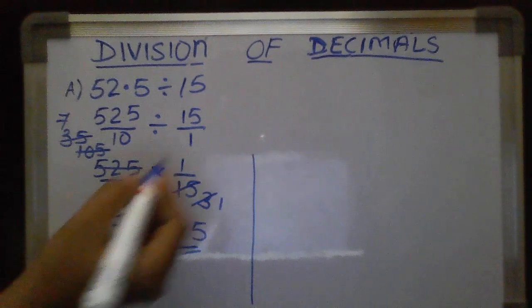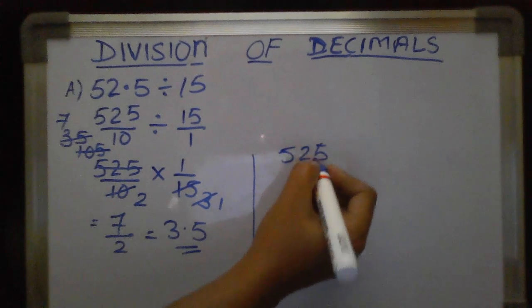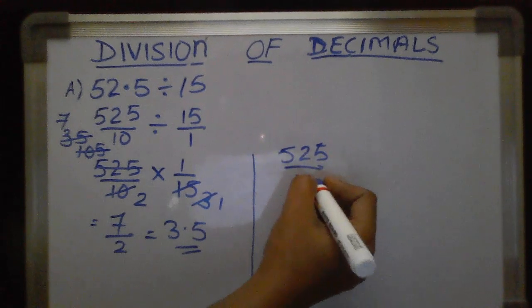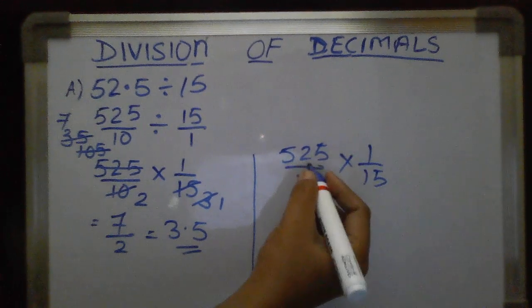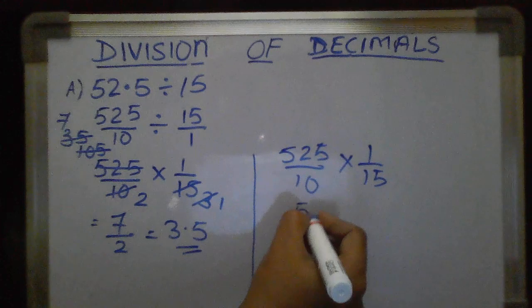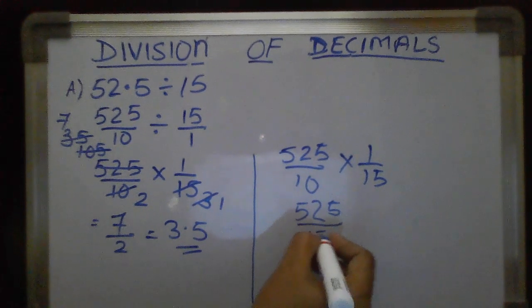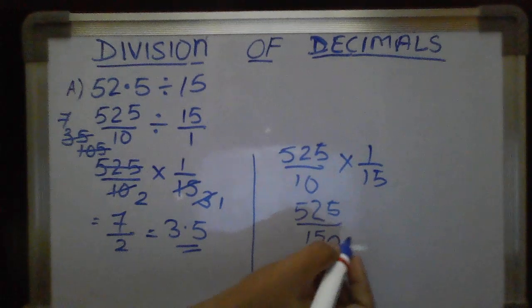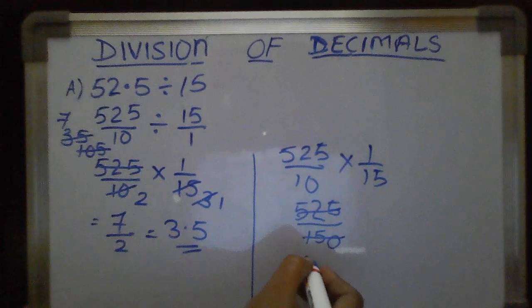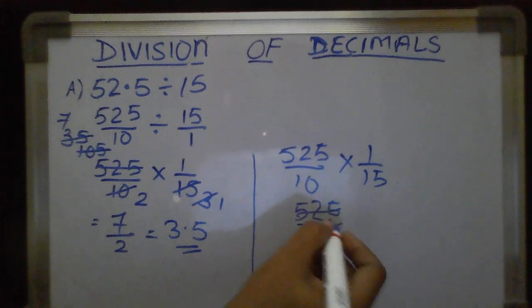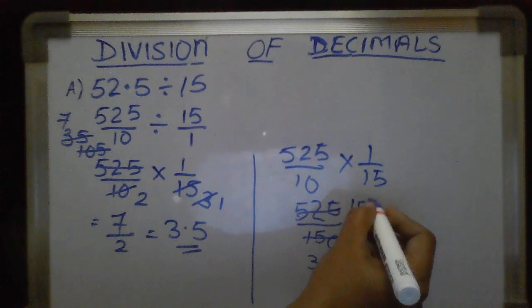Like 525 by 10 into 1 by 15. It becomes 525 into 1 is 525 by 150. So when I simplify this, 5 threes are 15, 5 ones are 5, 5 fives are 25.